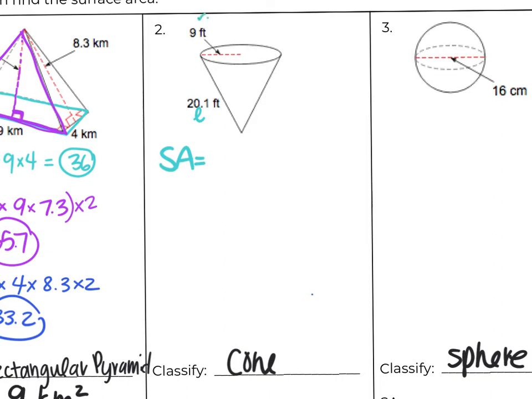Yes, because it is halfway. So pi r squared plus pi r L. So I would write that before we plug in, just to kind of help you memorize. Okay, so then pi times 9 squared plus pi times 9 times 20.1. So this one, there's nothing for us to figure or find. There wasn't a missing part, so you can just plug all of that in.